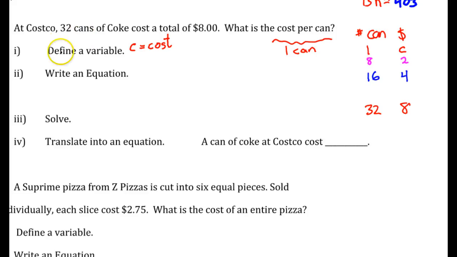So, yeah, we'll go for it. Give me an equation. Let's just try it out, see if it works. 32, and when you use divided by, over 8 equals the cost per can.